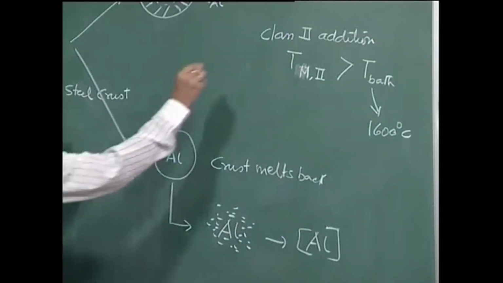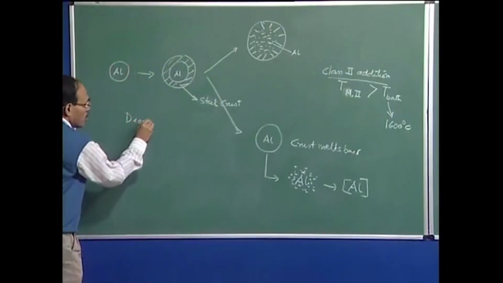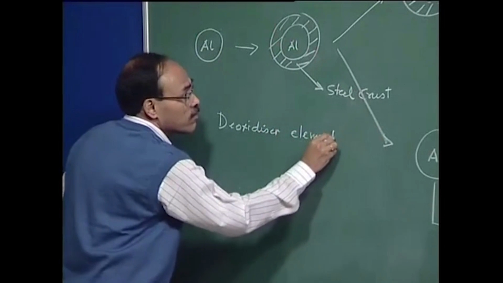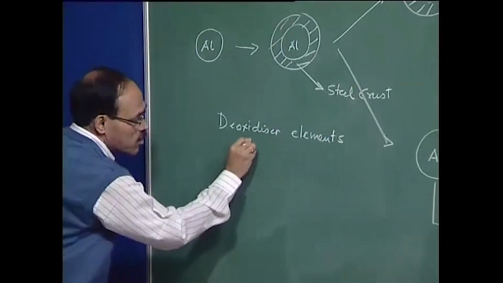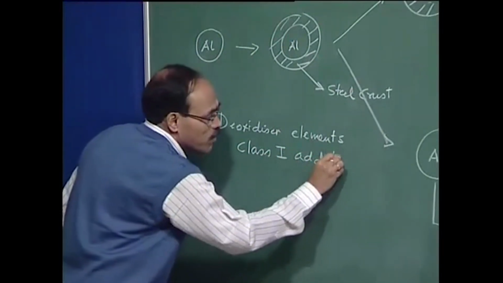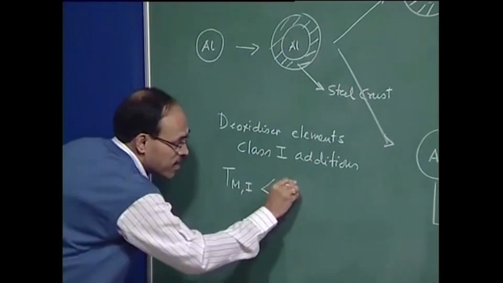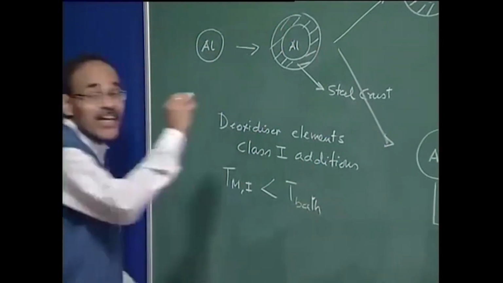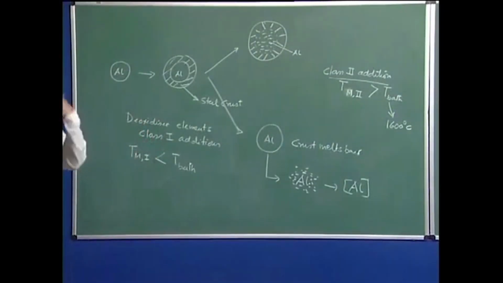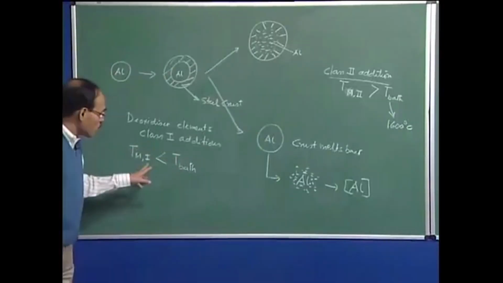On the other hand, deoxidizer elements are basically class 1 additions, and the feature of class 1 additions is that T melting of class 1 is less than T bath. So we can understand that these deoxidizer additions are going to melt in steel: ferrosilicon, ferromanganese, etc., or aluminum.